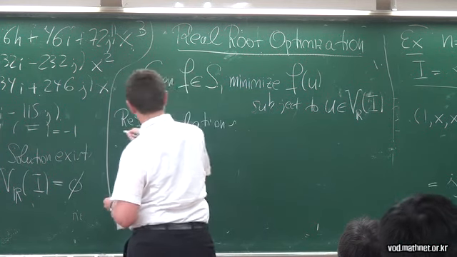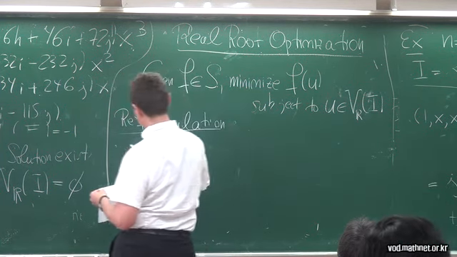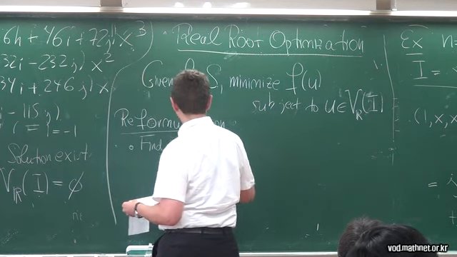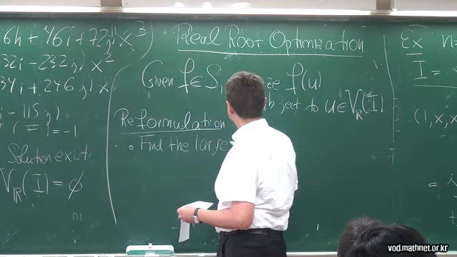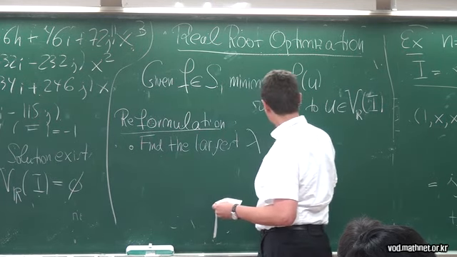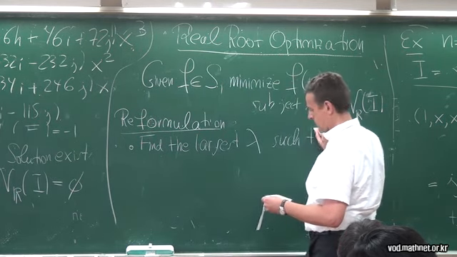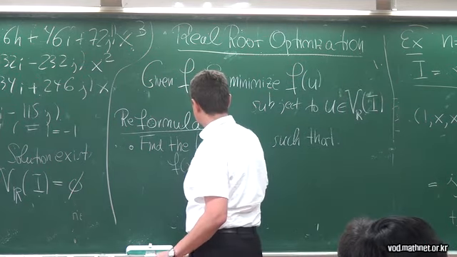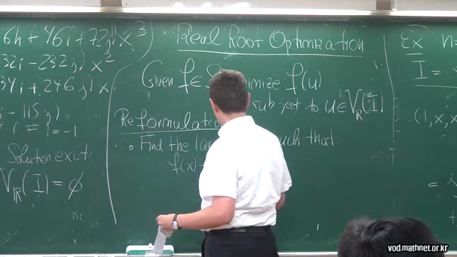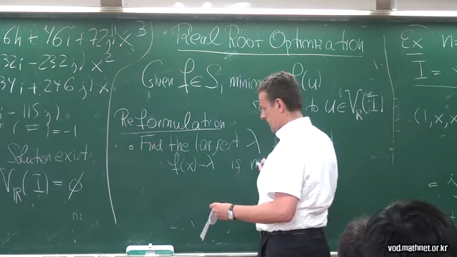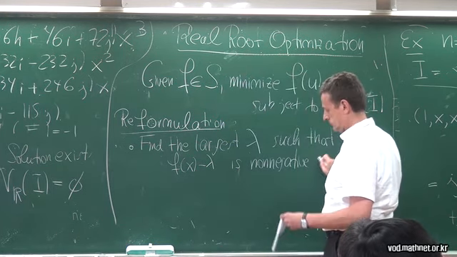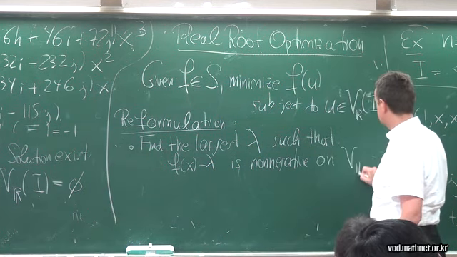So let me give you a reformulation. Find the largest lambda such that f of x minus lambda is non-negative on the real variety.